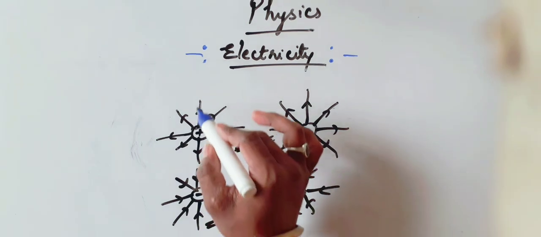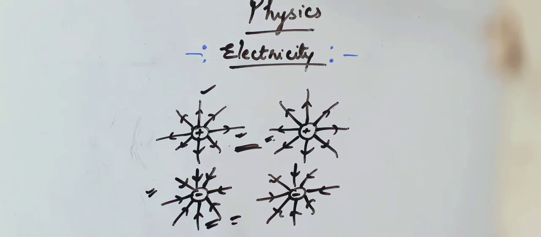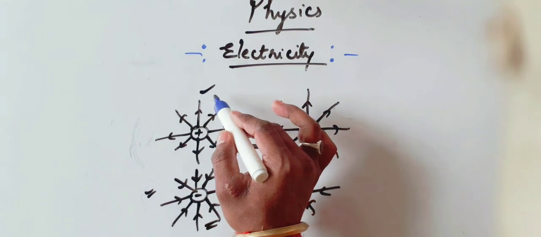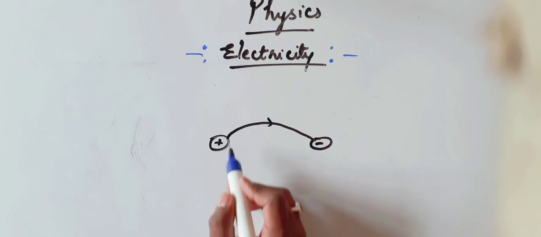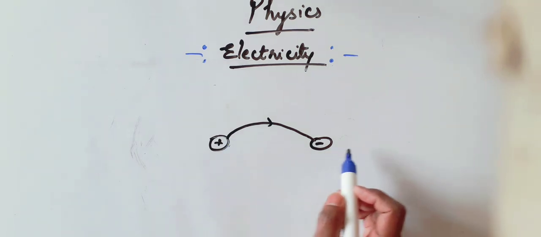But in the case of positive and negative charge, they will attract each other, because from the positive charge the electric field lines go outward, but for the negative charge the field lines are inward. These electric field lines do not form a closed loop.